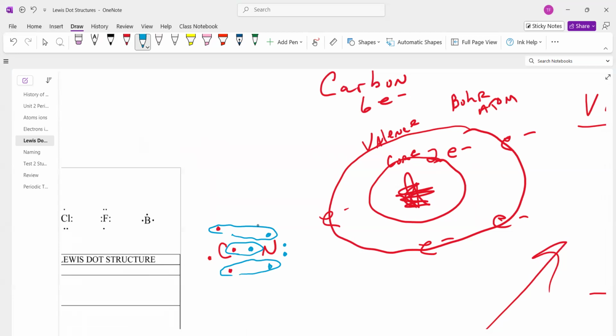Now look at the nitrogen. Does nitrogen have any singletons left over? Carbon does. So because carbon still has a singleton left over, this is not a stable molecule because it's got an unbonded singleton. So this guy is going to be in search of something with a singleton electron, like hydrogen, for example.